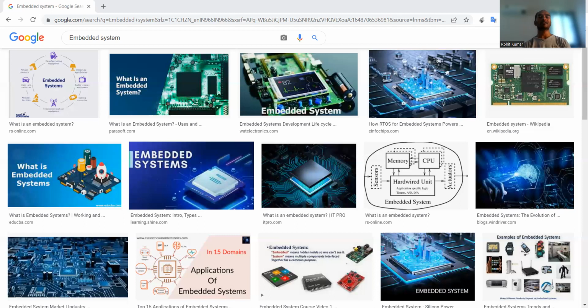Now coming to some of the related journals, because I'm saying that you should go for journals and paid journals related to embedded systems, I have some related journals for your reference, but there are many more.